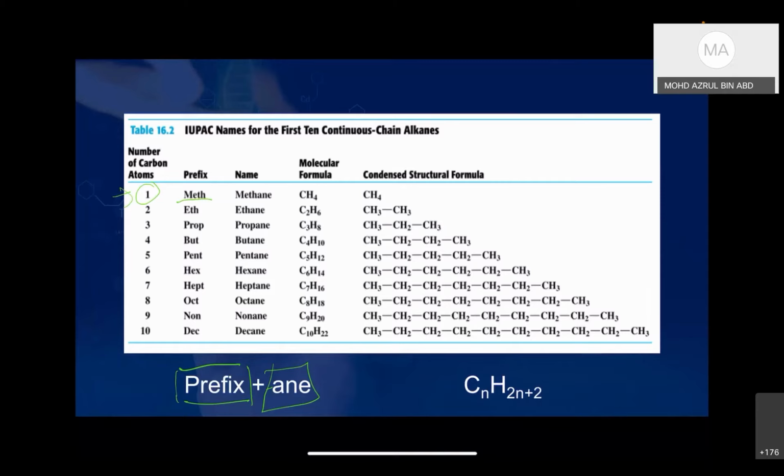That's why we call it methane. For a compound with two carbon, the prefix name is eth, and for the alkane you simply add a and e, so the name of this compound is ethane. For 3 carbon, propane; 4 carbon, butane; pentane, hexane, and so on. So these are the basic names of the alkanes: methane, ethane, propane, butane, pentane, hexane, and heptane.